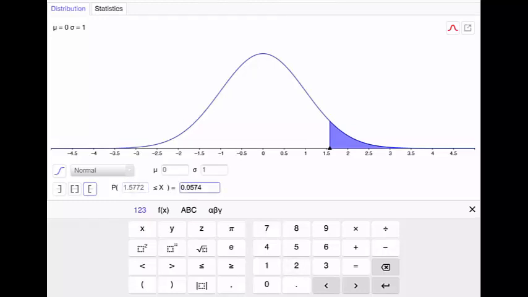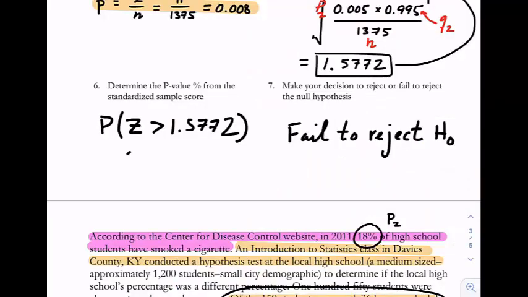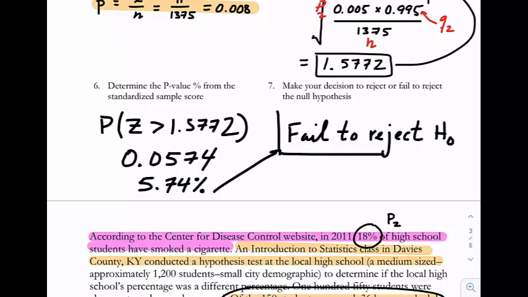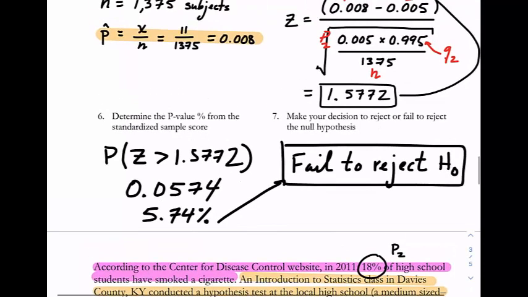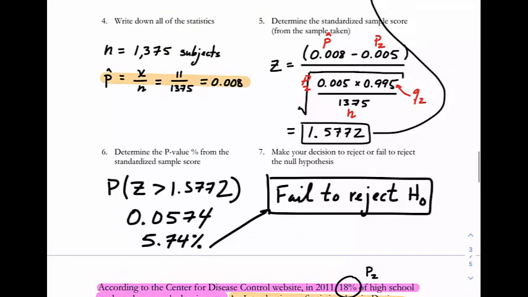Click in the bottom right box there, that's the p-value, that's more than 1% at 5.74% or 0.0574. 5.74%, that's not less than the level of significance. We make the same conclusion, fail to reject the null hypothesis.